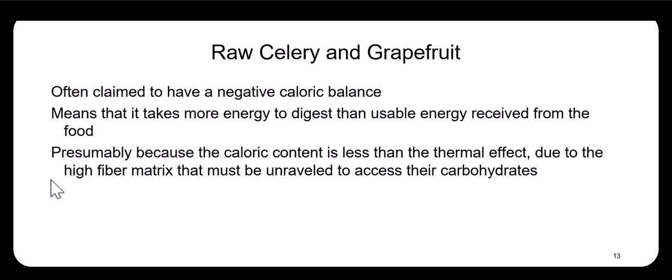So the basis of this is that the thermal effect of raw celery and grapefruit, so the cost of processing raw celery and grapefruit, is more than the calories you're actually going to get from those. So if you live on raw celery and grapefruit, you're going to lose weight because you're going to burn more calories eating them than you're going to get from them.